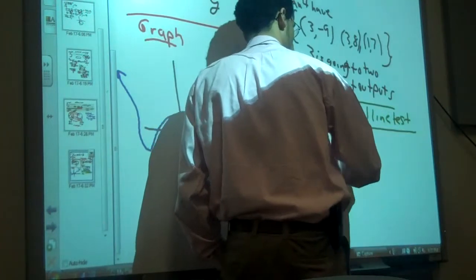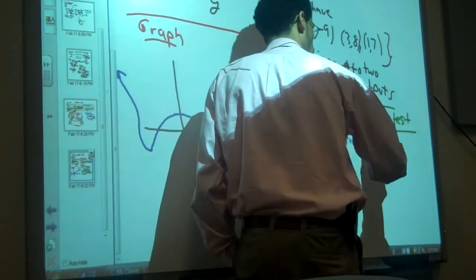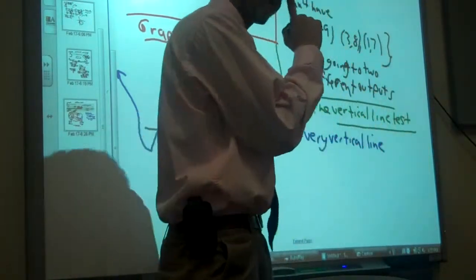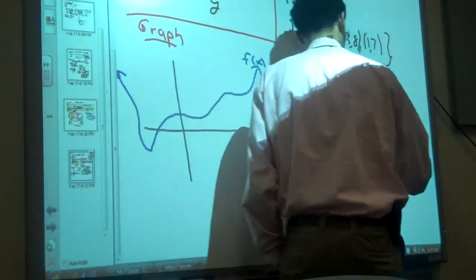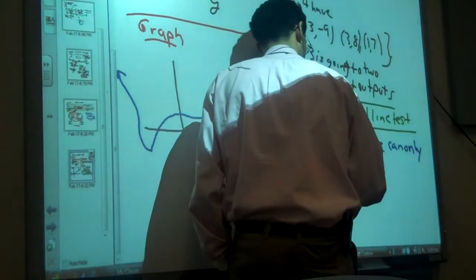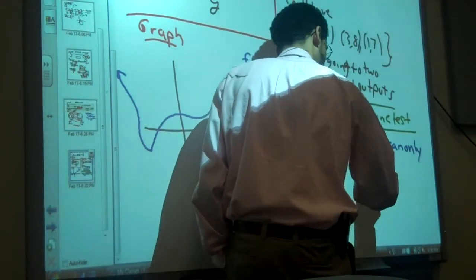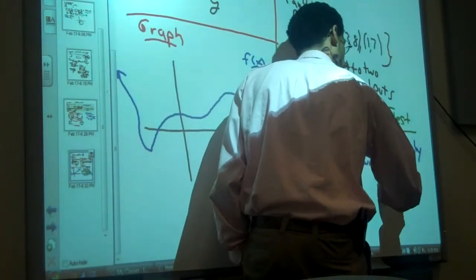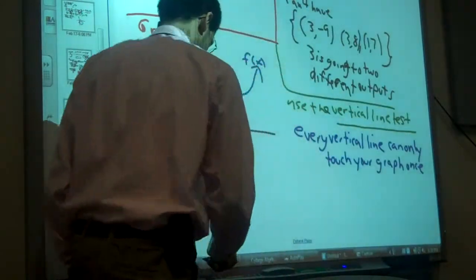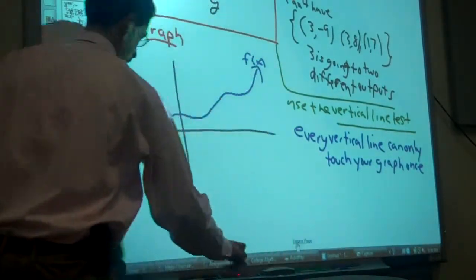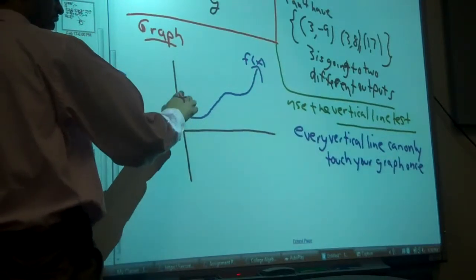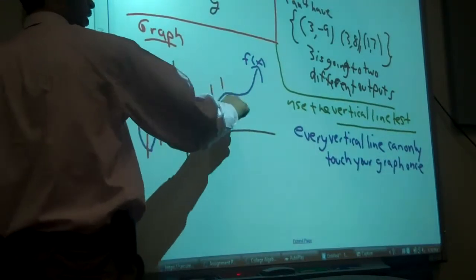Every vertical line can only touch, or intersect, your graph once. Okay, then it's a function. And so every vertical line only touches the function once.